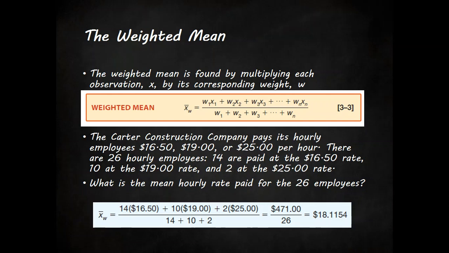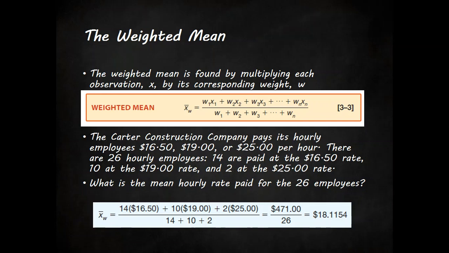If you wanted to, you could add up 16.5 14 times, $19 10 times, and $25 2 times. But instead of doing that, you can just multiply 14 by 16.5, plus 10 times 19, plus 2 times 25. So in 1 hour, $471 is the sum of the hourly rates, and you divide that by the total number of employees, or observations, which is 26, which gives you the weighted mean of 18.115.